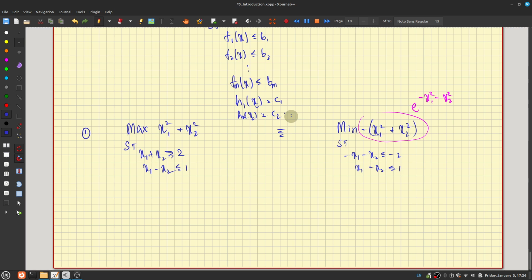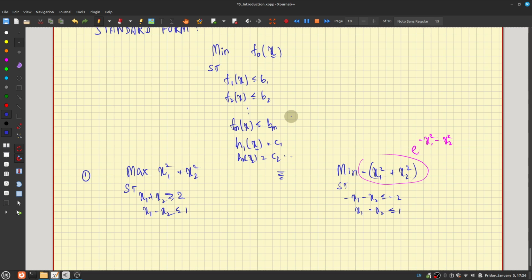Right? So I'll allow equality constraints as well. Again, I could define an equality constraint using two different inequality constraints, but I'll separate that out for a specific reason we'll use much later on in the course.